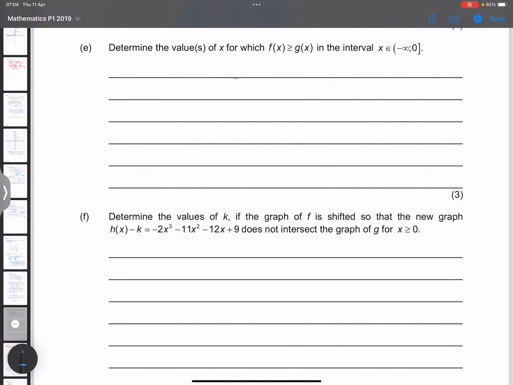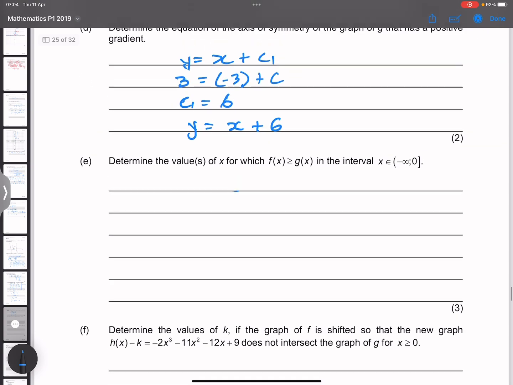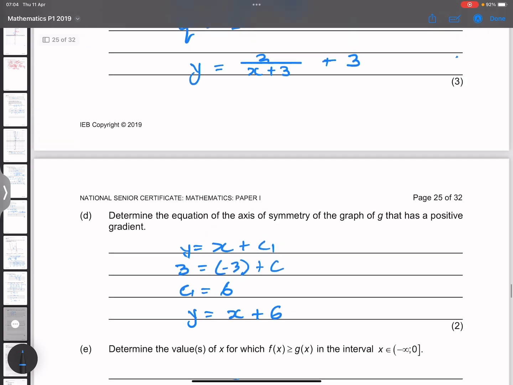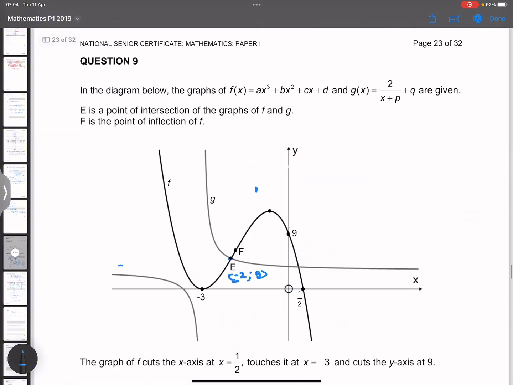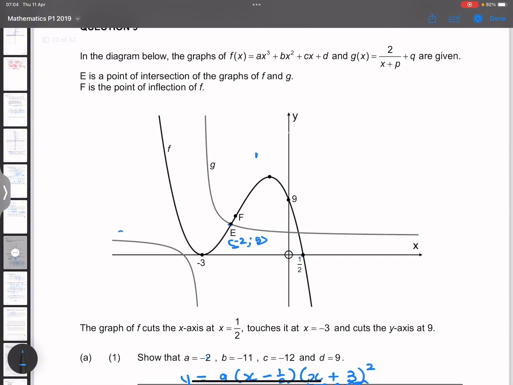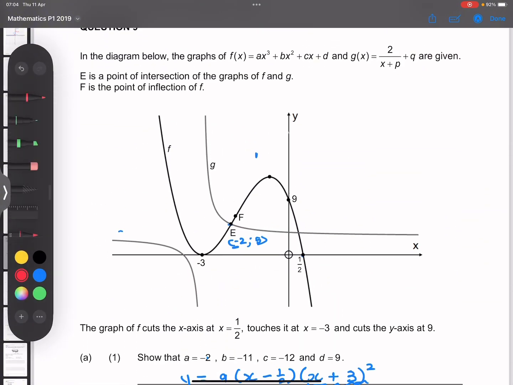So that's where x is negative. Right, so we want where f of x is greater than g of x. All right, so on the negative side, where is f of x greater? Definitely, it would be greater over that section there up until 3.